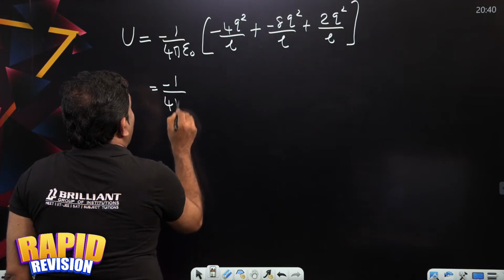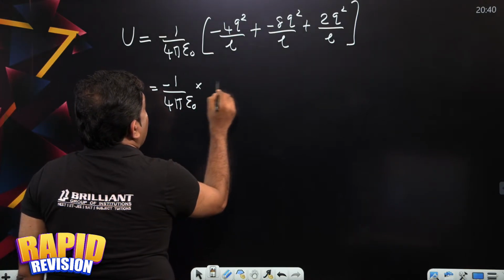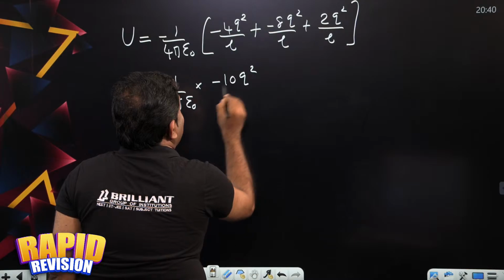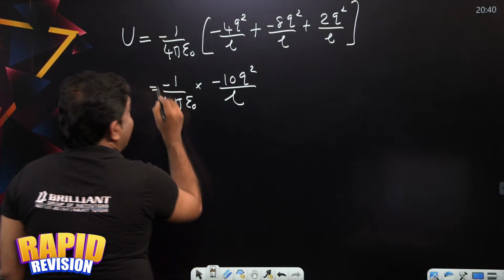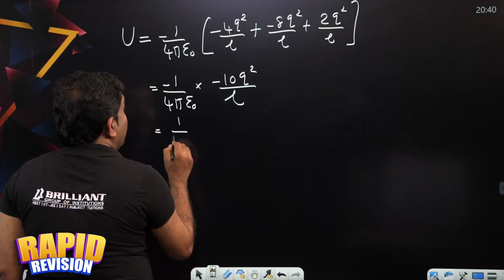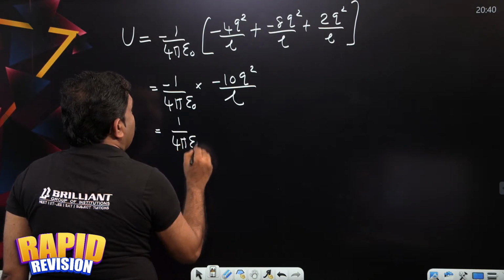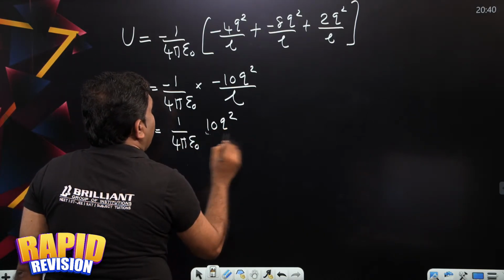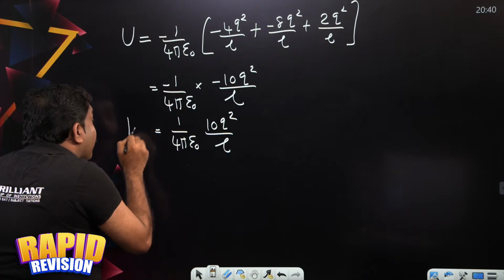So minus 1 by 4 pi epsilon 0 into minus 10Q square by L. Minus and minus cancel, so 1 by 4 pi epsilon 0, 10Q square by L is the work done.